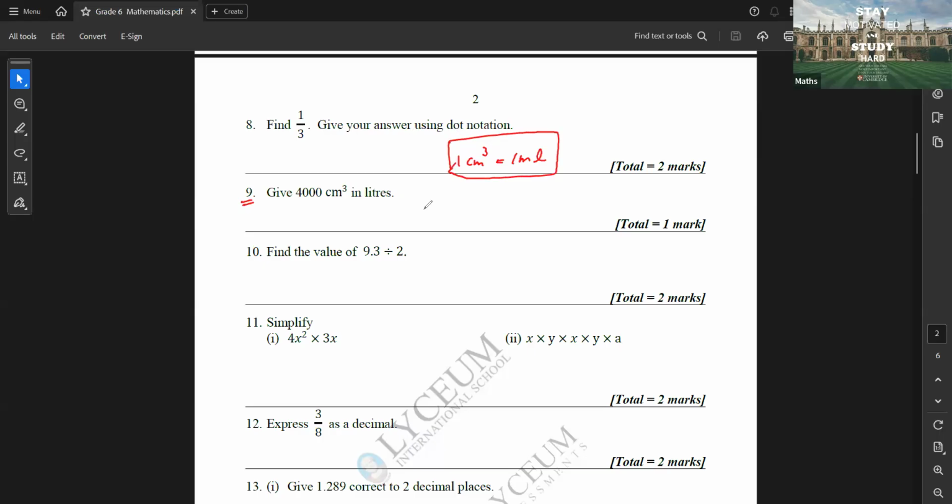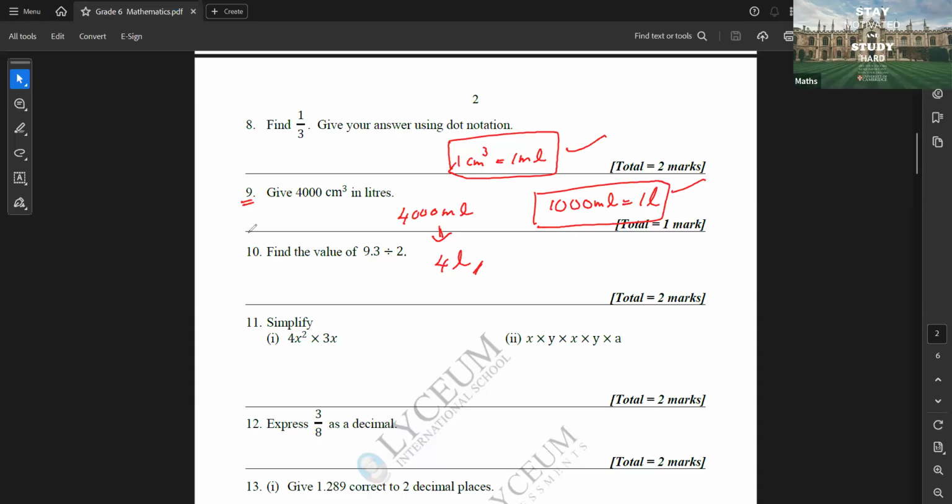So 4,000 cm cubed means 4,000 milliliters. How much is that? 4 liters, because 1,000 milliliters is equal to 1 liter. You remember that. So these two conversions you have to remember.